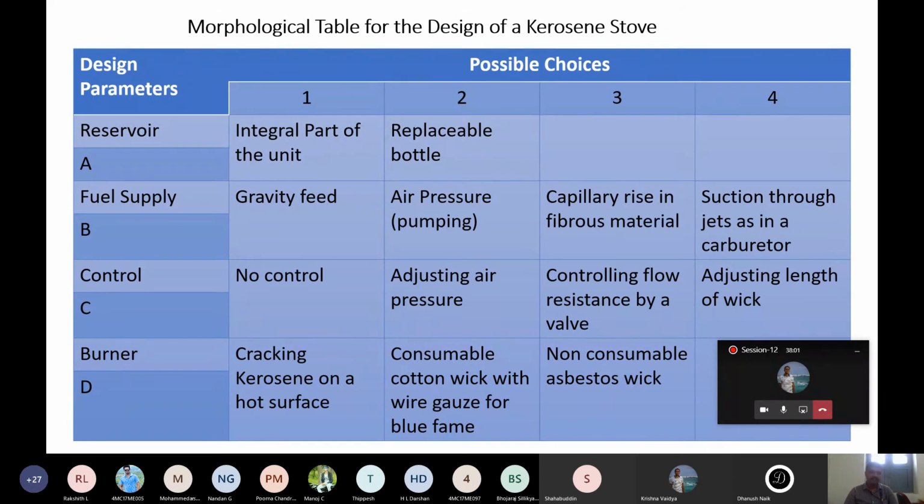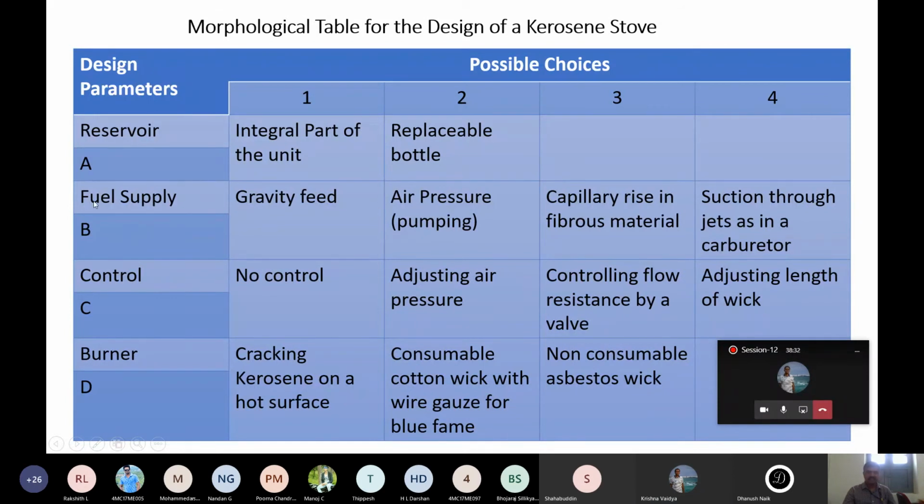That means if you choose a particular type of reservoir, that means if you choose integral part of the unit, then does that selection affect the type of fuel supply, then control and burner, or it is independent of all the 3 parameters? Like that you have to evaluate, to check the compatibility.